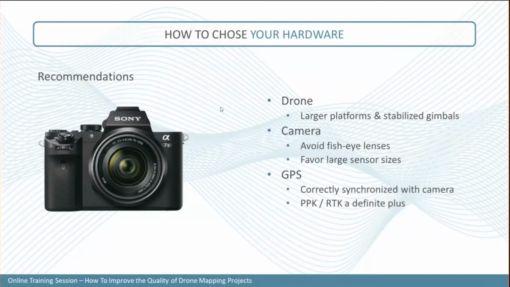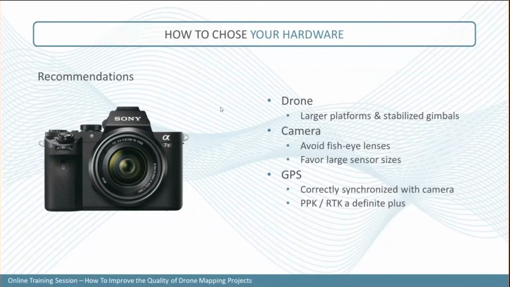Also, you don't want to use a fisheye lens; they are never too good for photogrammetry. So you may want to stay away from those types of cameras if you want a good mapping product. You can also favor a large sensor size, since it's going to have a bigger coverage and cleaner images than, say, a 10 megapixel camera. Those are also elements to keep in mind when choosing your hardware.